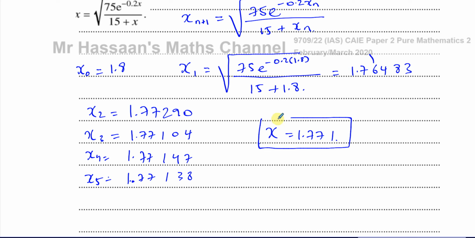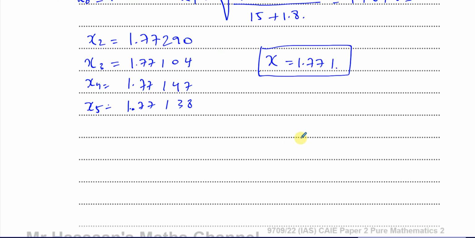So there's the answer. Now, if you want to be 100% sure that this is your answer correct to 4 significant figures, what we could do is find the upper bound of this value, 1.771. Okay, and the upper bound of this will be 1.7715. And the lower bound of this value will be 1.7705.